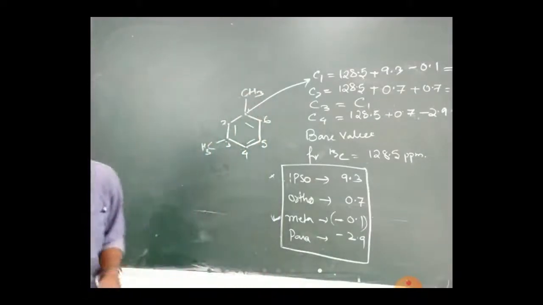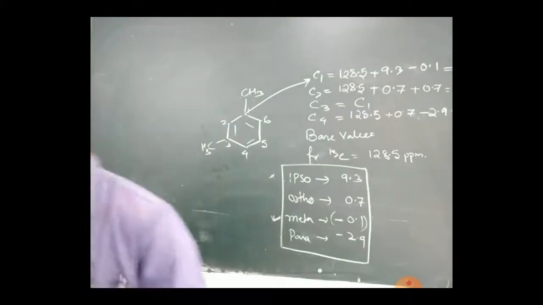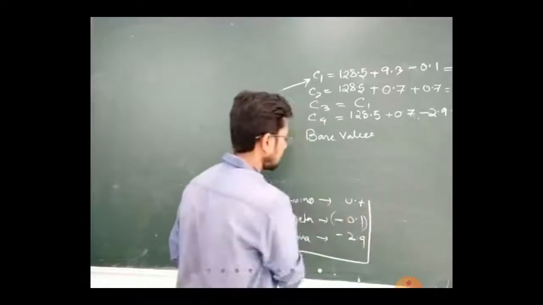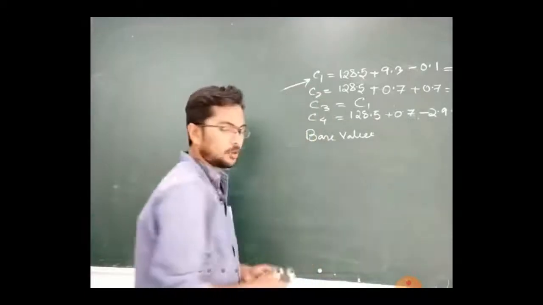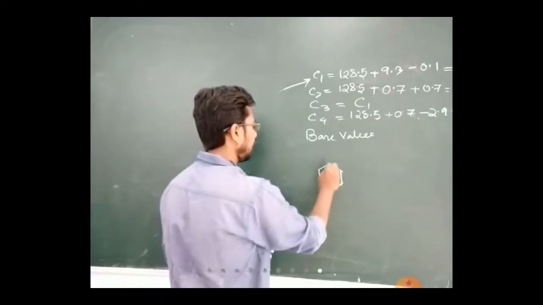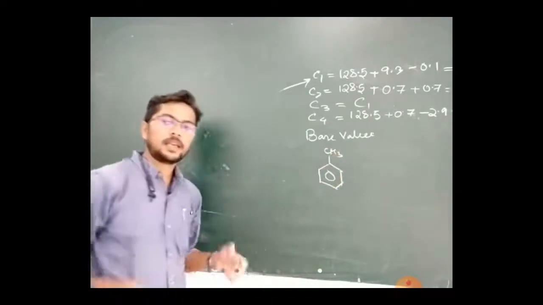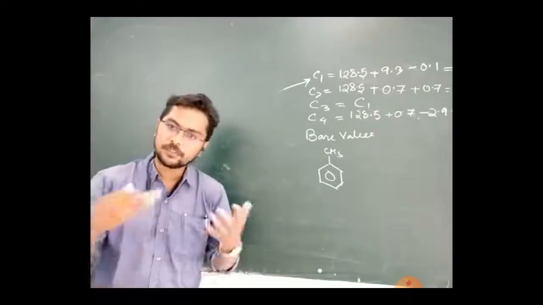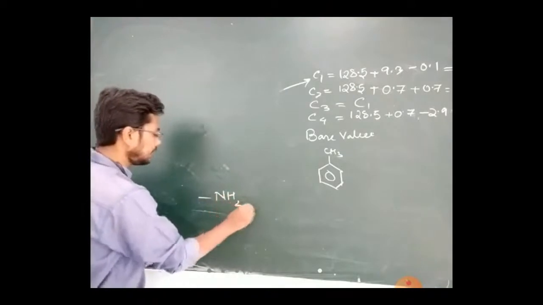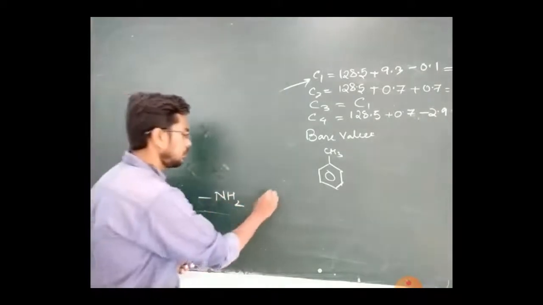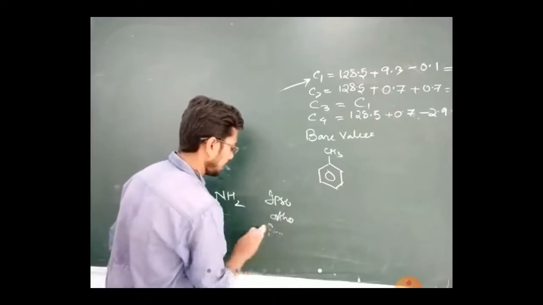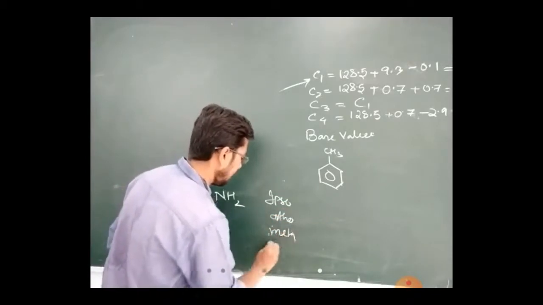But suppose you have NH2. I took another example from the tables. The table that was given was for an aromatic ring having a methyl substitution. For other substituents, it will be different values. So suppose it is given for NH2, aniline: ipso, ortho, meta, and para.